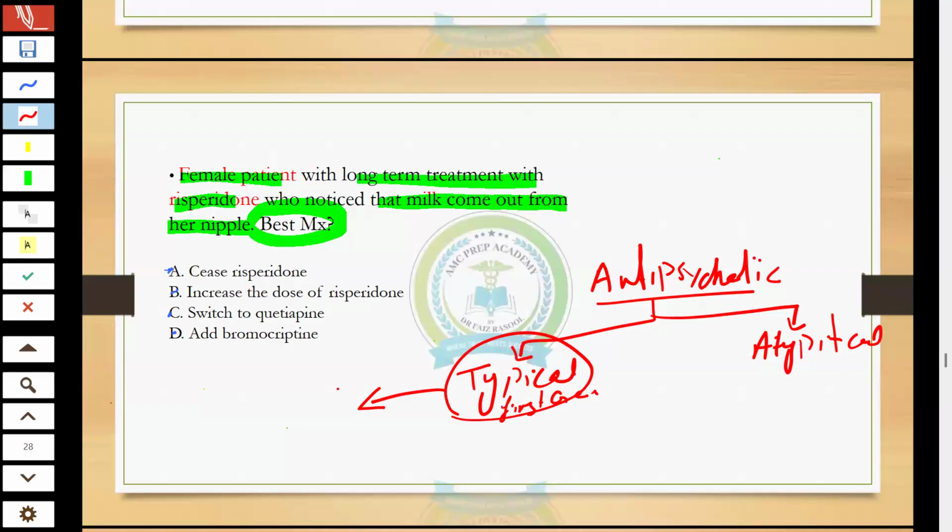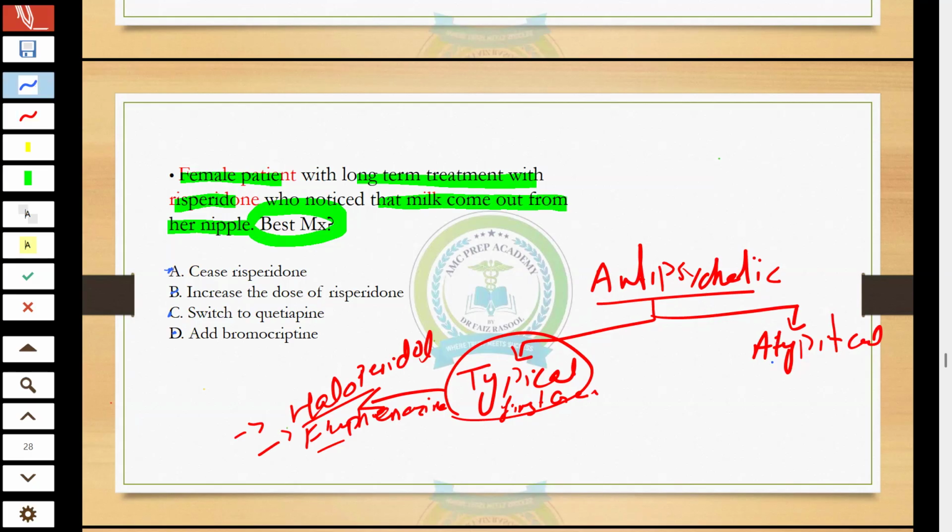So in typical antipsychotics, we have medications like haloperidol, fluphenazine, and many other drugs like pimozide. These are typical.